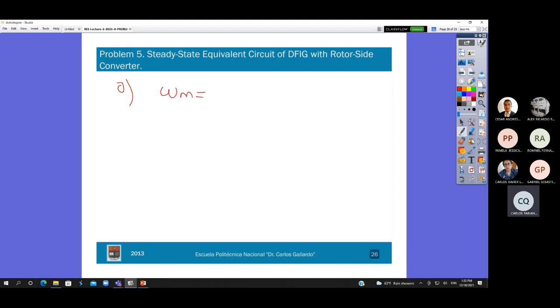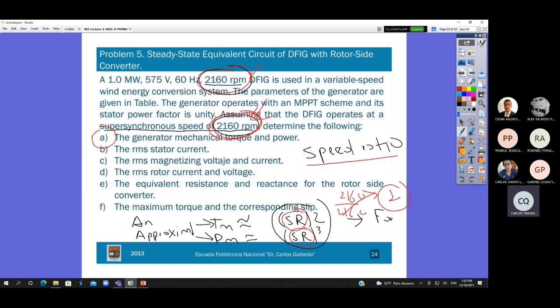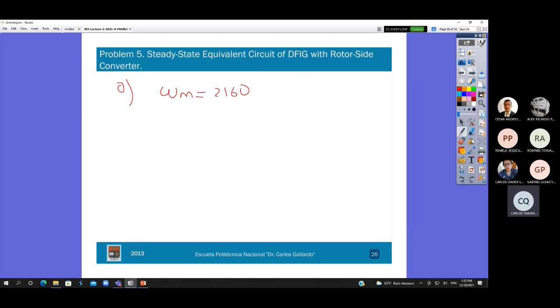According to the problem, for this supersynchronous mode of operation, it is 2160 revolutions per minute. This is my second speed. The rated value is my first speed.